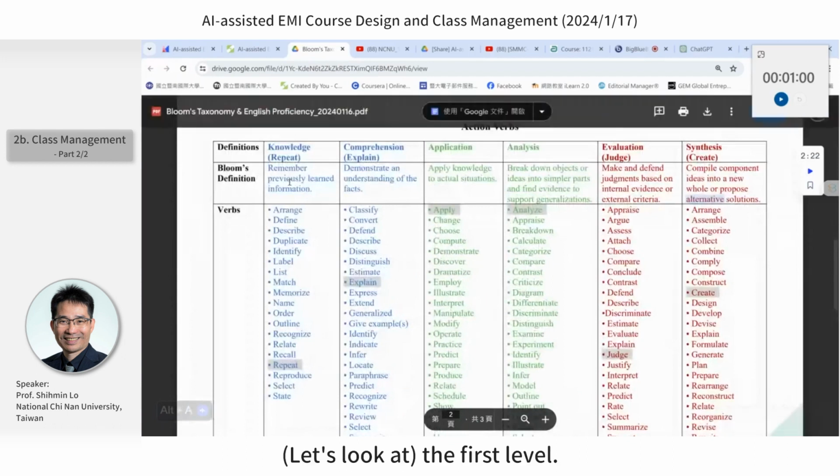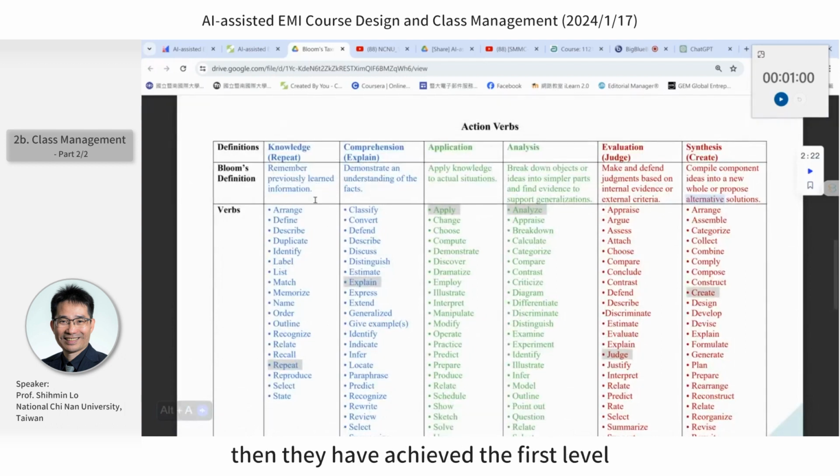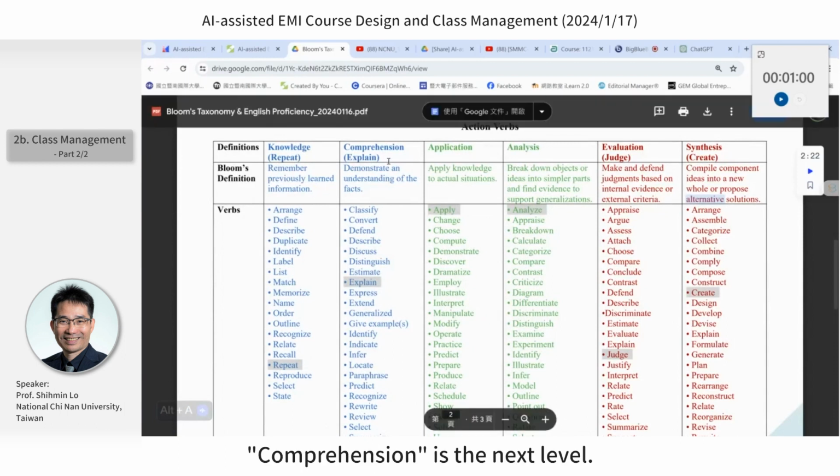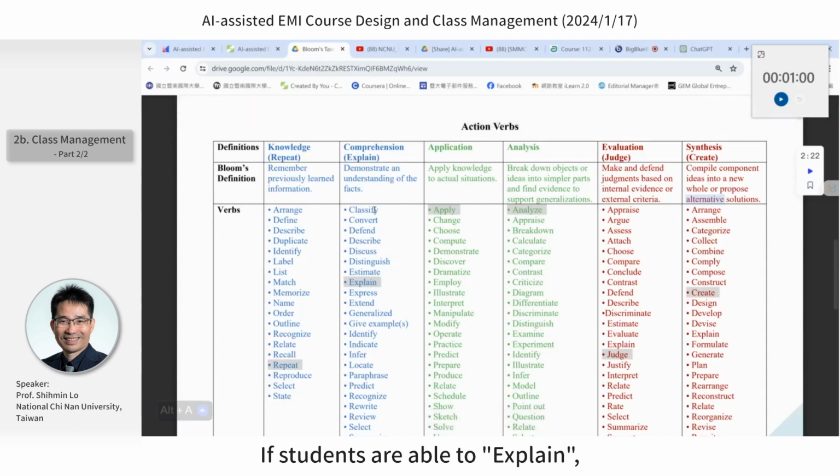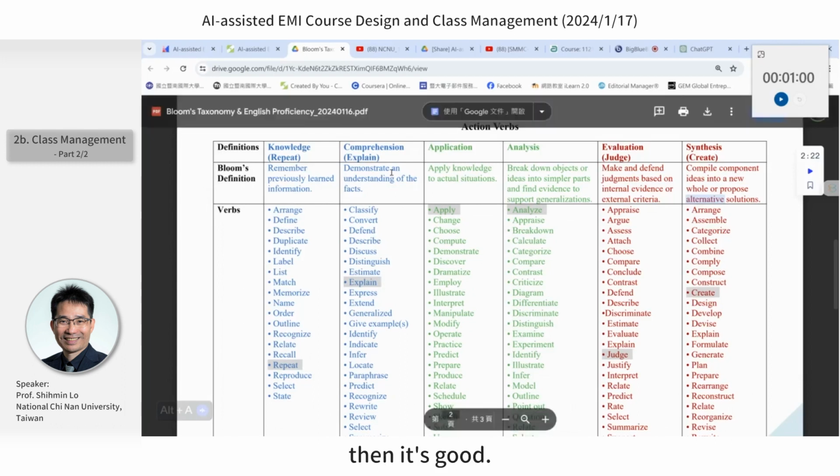So the first level: if students can repeat or remember what they previously learned, then they have achieved the first level by your EMI. And comprehension is the next level. If students are able to explain and demonstrate their understanding of the facts and discuss with their peer classmates, then it's good.